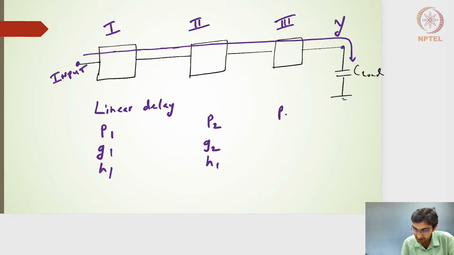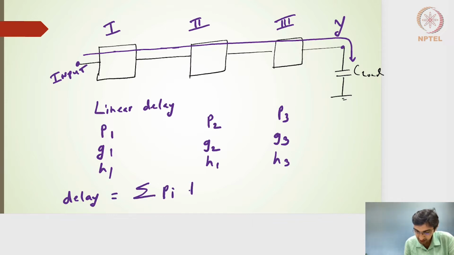And then similarly, P3, G3, and H3. So the linear delay model says that the overall normalized delay is nothing but the summation of Pi plus Gi times Hi, where i goes from 1 to n, and n is the 3 stages.